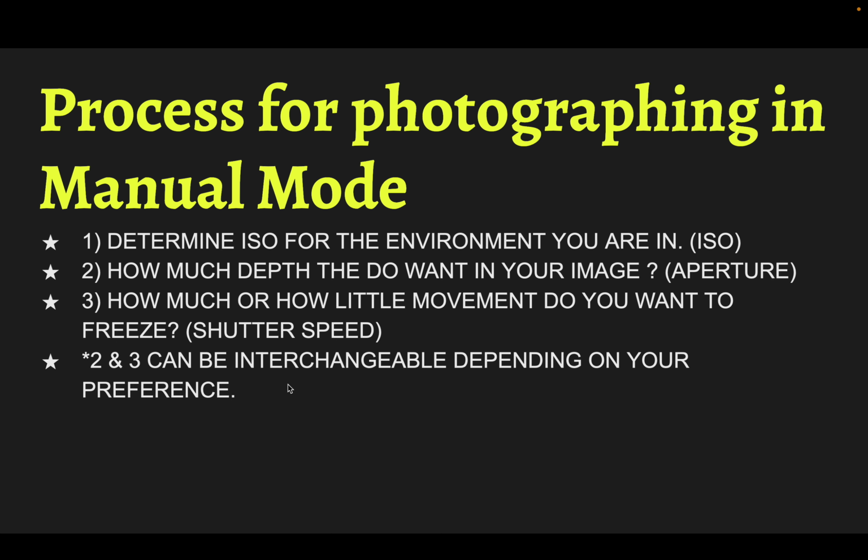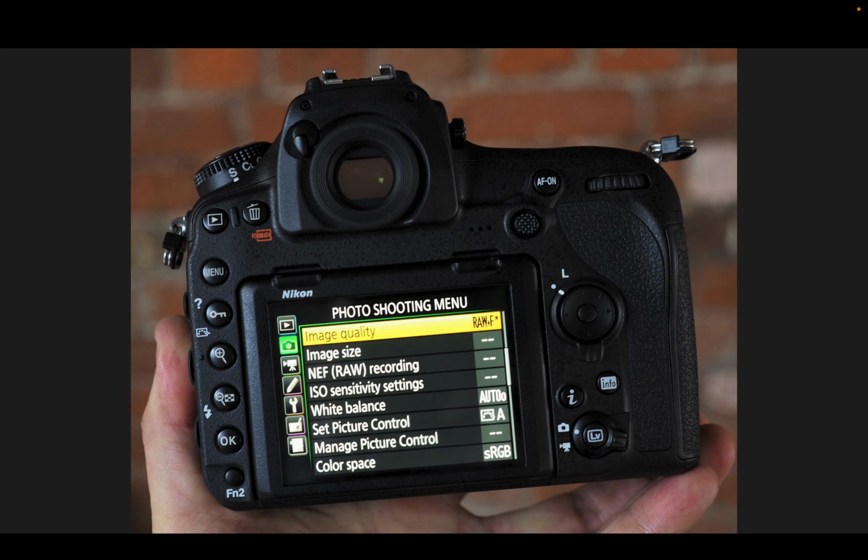Like I said, 2 and 3 can be interchangeable depending on your preference, aperture and shutter speed, really determining what is more important for you. Is it the motion, or is it the amount of blurriness, the amount of things that are focused when using your aperture?